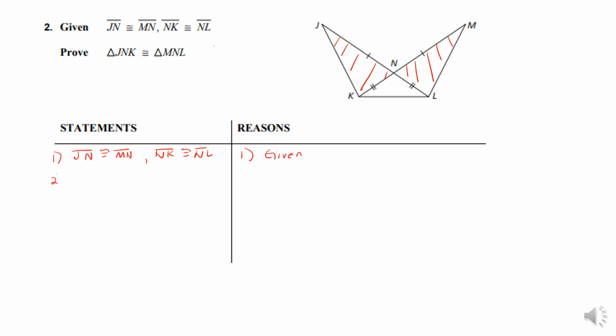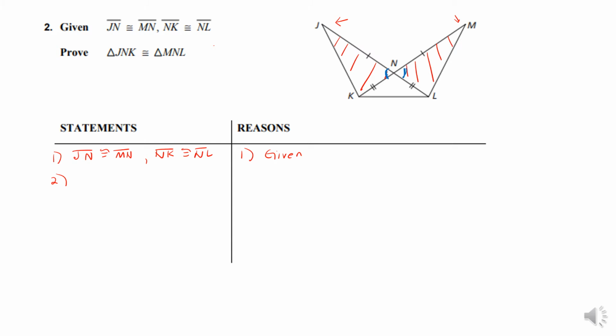Okay, then number 2, what else can I prove in here? Okay, there is nothing to show me that angle J is equal to anything, or angle M, or angle JKN, or MLN, and I can't prove that these sides over here are congruent, so what's left? So remember, you always have your toolbox, so look for everything, and right here I can see that I have vertical angles.